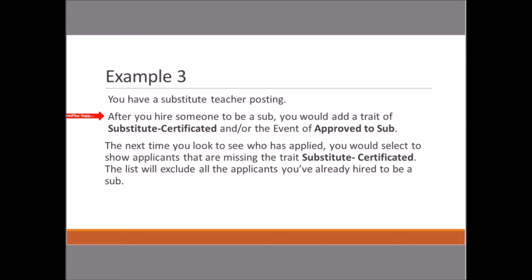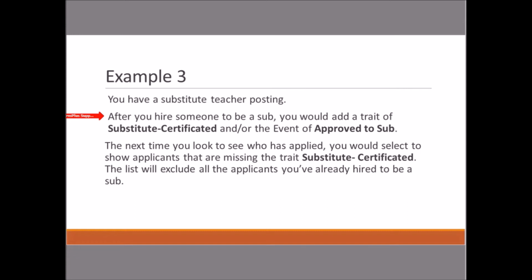It's also nice because this is a way to differentiate what type of sub they might be. You could have multiple traits like a certificated sub, a classified sub, a classified secretarial sub, a paraeducator sub. So when you're screening your subs, if they have the qualifications for different types of subs, you could mark them.